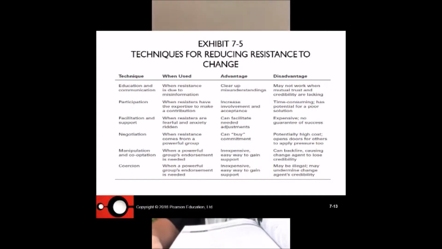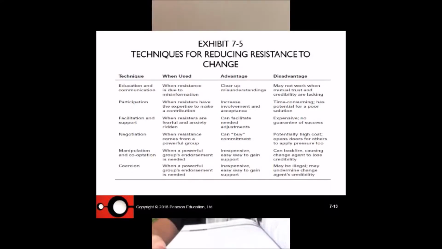Next, participation involves bringing the individuals directly affected by the proposed change into the decision-making process. Next, facilitation and support involve helping employees deal with the fear and anxiety associated with the change effort. Negotiation involves exchanging something of value for an agreement to lessen the resistance to the change effort.